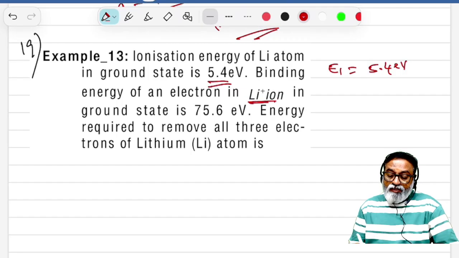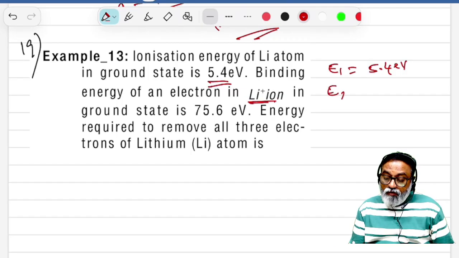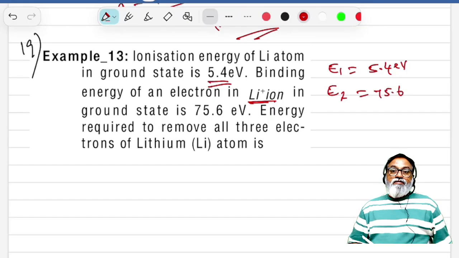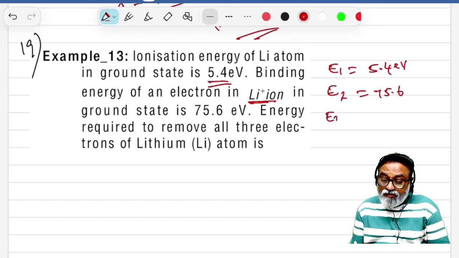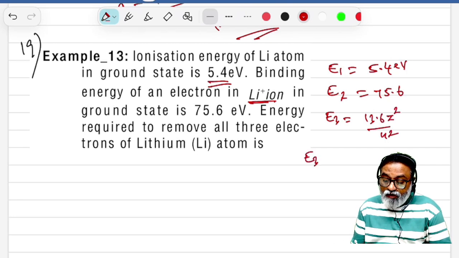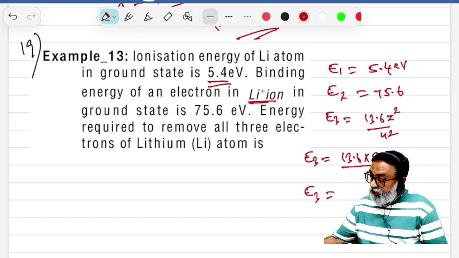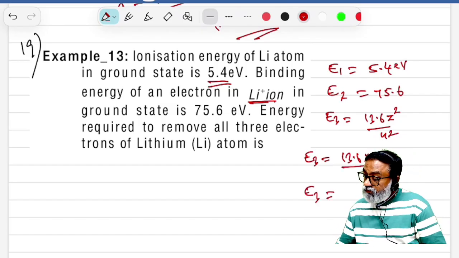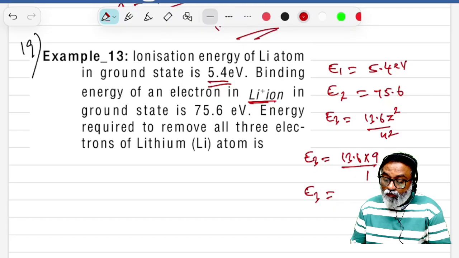And lithium plus means for the second electron to remove, E2 is equal to 75.6. And for the remaining third electron to remove, that is 13.6 Z square by N square. Therefore, E3 is equal to 13.6, Z is equal to lithium 3, so 9, N is equal to 1. Therefore, E3 is equal to 122.4.